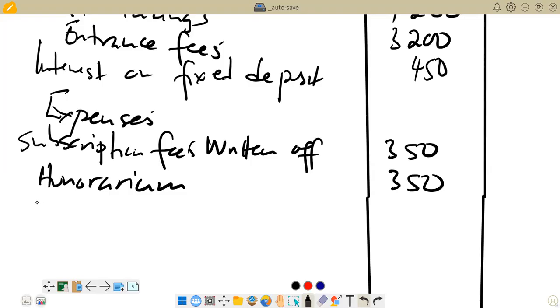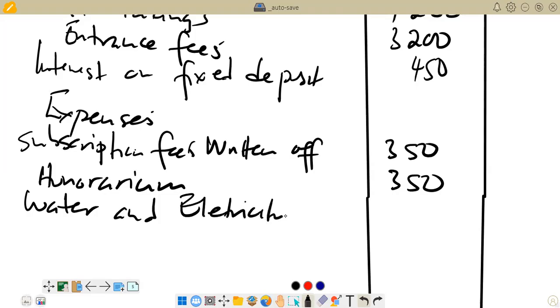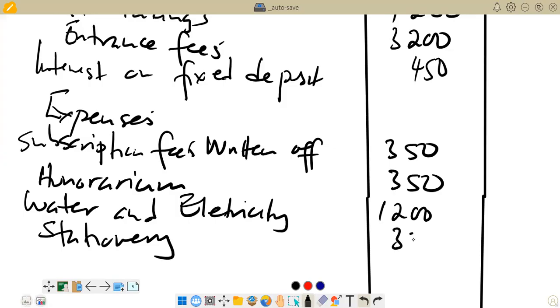And we also have water and electricity, and the figure that we have there is 1,200. And we also have stationery, and the figure for stationery is 300. And obviously, lastly, we have our depreciation, which we want to calculate now.